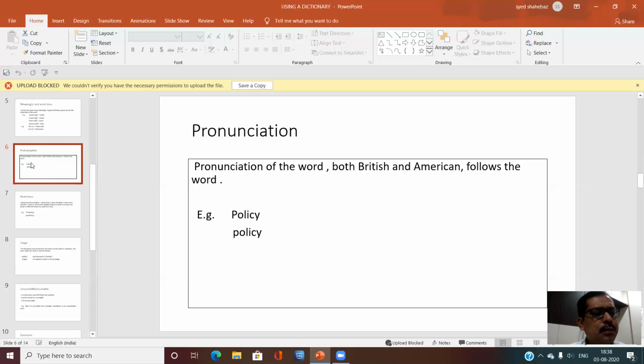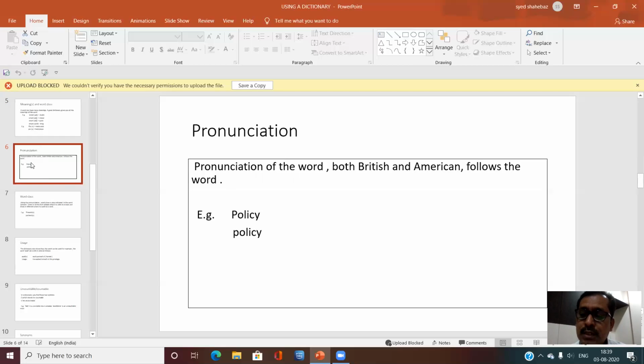American pronunciation, policy. The R sound is stretched here. So this word policy has British pronunciation as well as American pronunciation. So different pronunciations are given in the dictionary, and phonetic symbols are given in the dictionary.